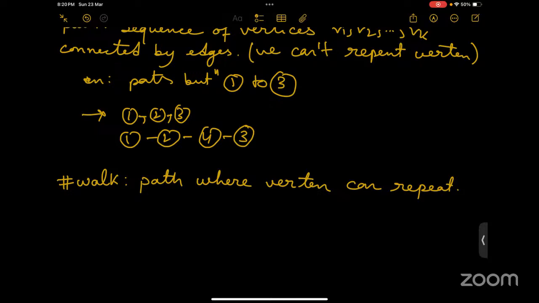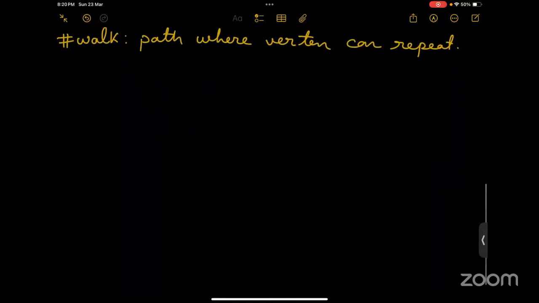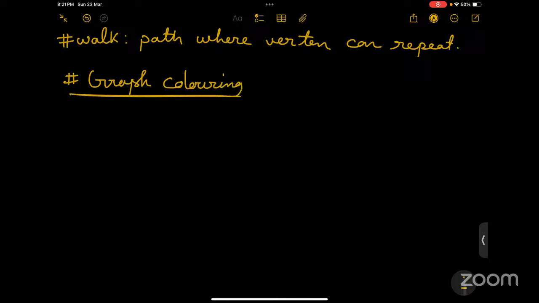Okay. So next we have a problem. The problem is named graph coloring. So what is the main motto here? If we have a graph, we have to pick the minimum possible number of colors needed to color the graph.